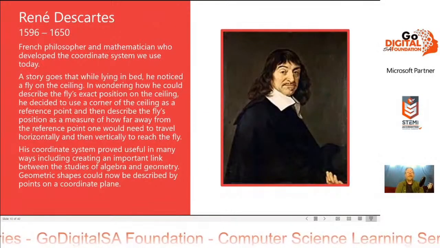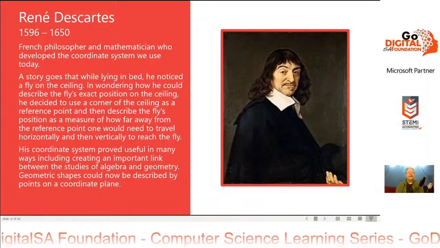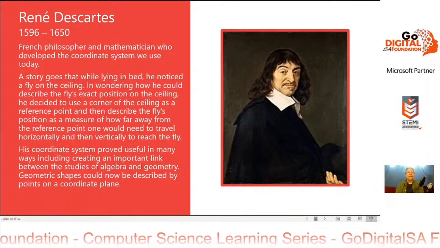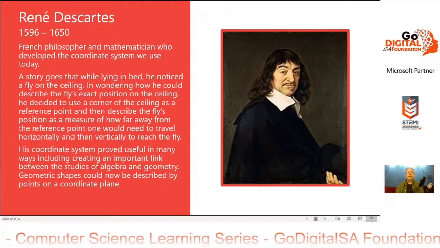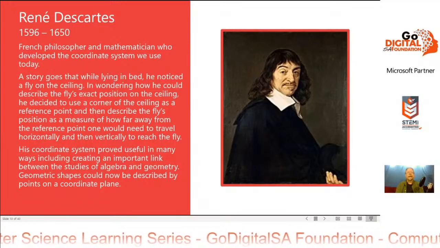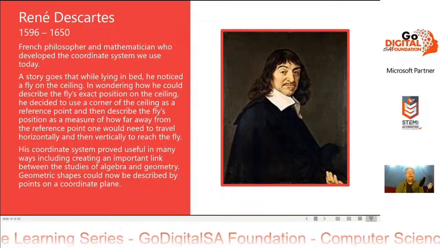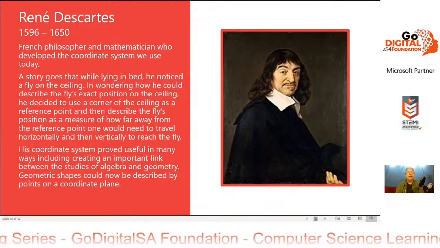Okay, a little bit of history here. René Descartes, he lived from 1596 to 1650. He was a French philosopher and a mathematician who developed the coordinate system we use today. A story goes that while lying in bed, he noticed a fly on the ceiling.